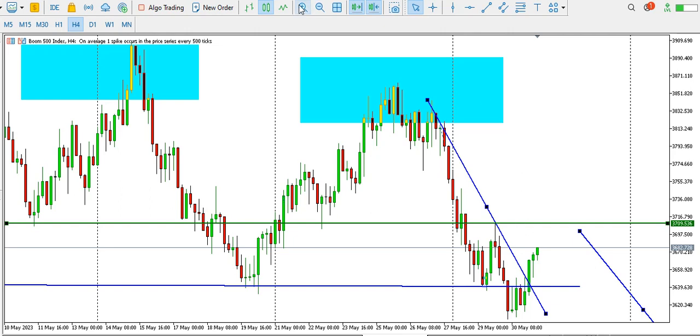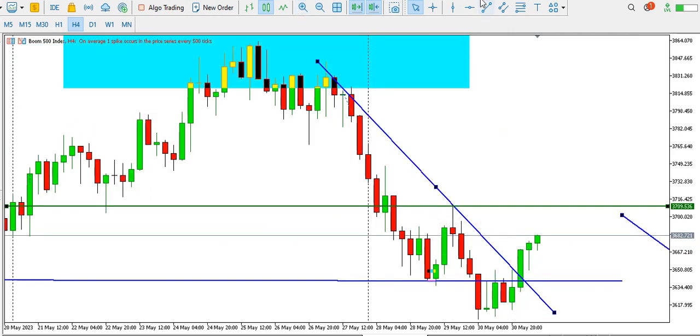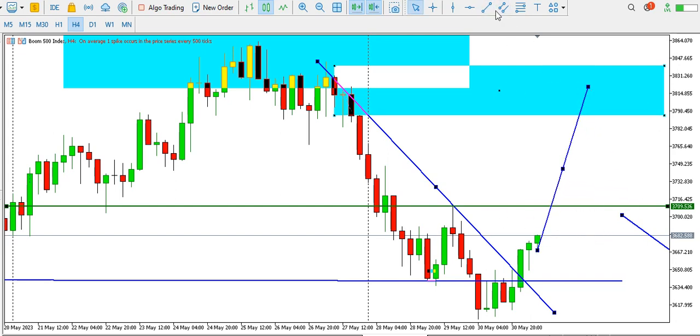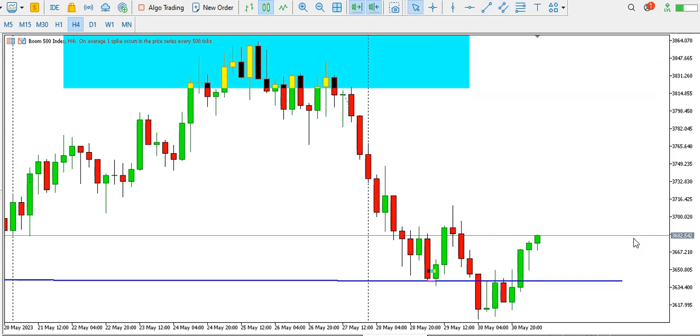Okay, that might be a resistance level, and afterwards we have this other block on the 4-hour time frame that might serve as resistance to price. Price could get to this other block and drop. So that's that for boom 500 on the 4 hour time frame.